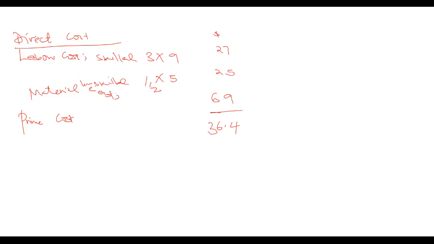How did you get 52.4? I want to understand why you made the mistake. That's what I want to understand.